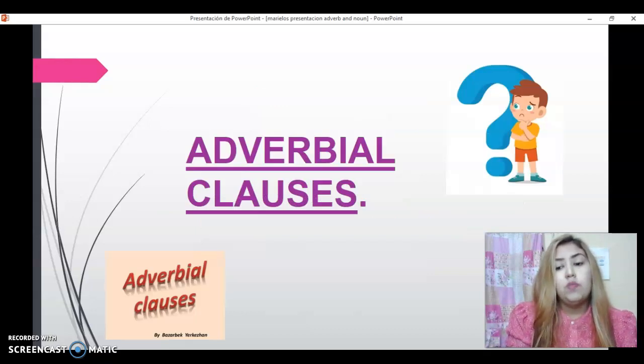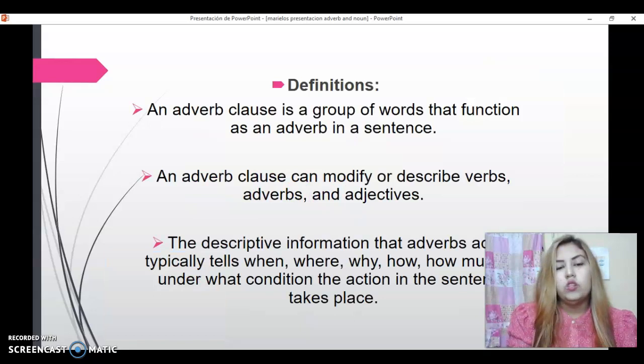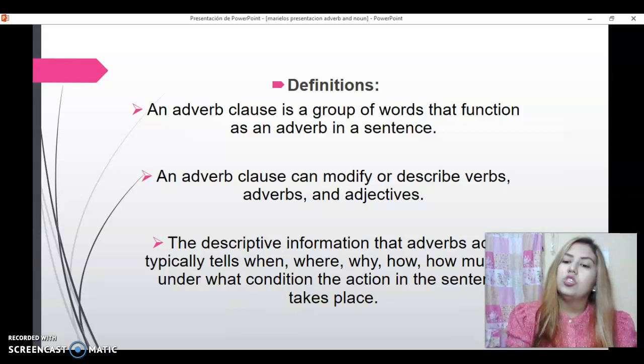Now let's see what adverbial clauses are. Now that we already know what a clause is, let's see these ones. Here I have some definitions for adverbial clauses. An adverb clause is a group of words that function as an adverb in a sentence, and also an adverb clause can modify or describe verbs, adverbs, and adjectives, like an adverb in English grammar does.